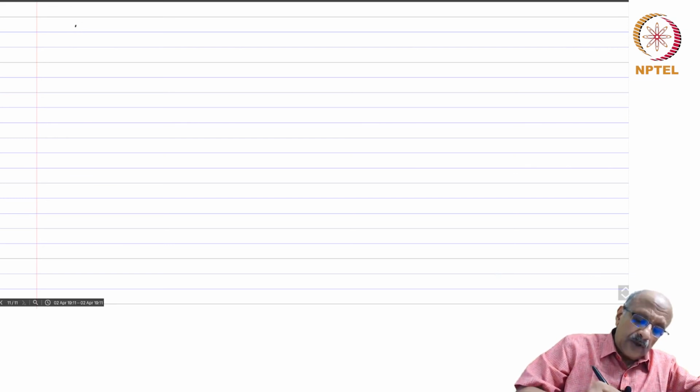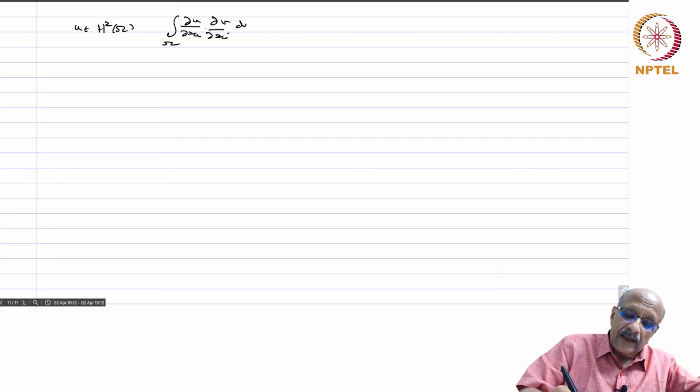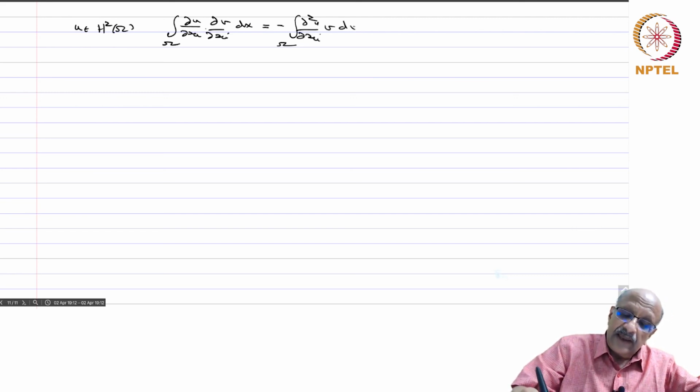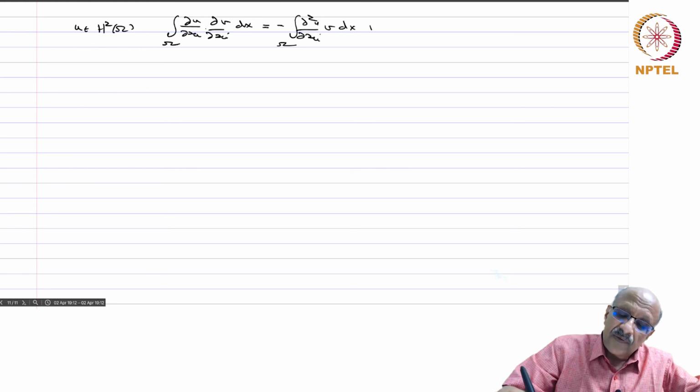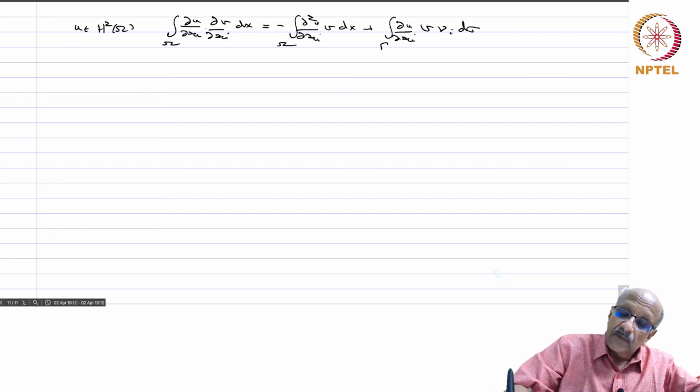Now let u be in H^2 of Omega, and so you write the integral on Omega of du/dx_i dv/dx_i dx. That will be equal to minus the integral of d^2u/dx_i^2 v dx, and then plus the integral on gamma of du/dx_i v nu_i d sigma.